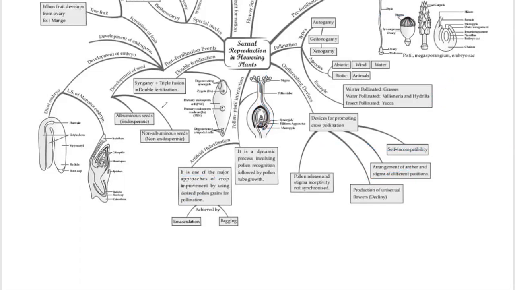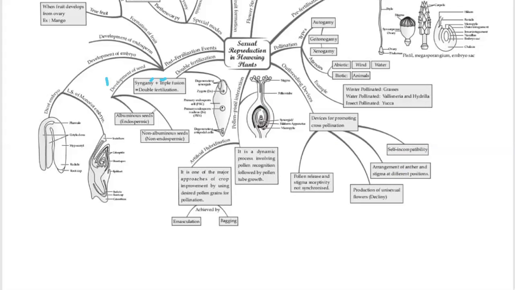Then double fertilization is the important event. Double fertilization can be simply said as syngamy plus triple fusion. Syngamy is a process, and triple fusion is another; when we combine these two, we say it is double fertilization. Then the post-fertilization event comprises development of seeds.